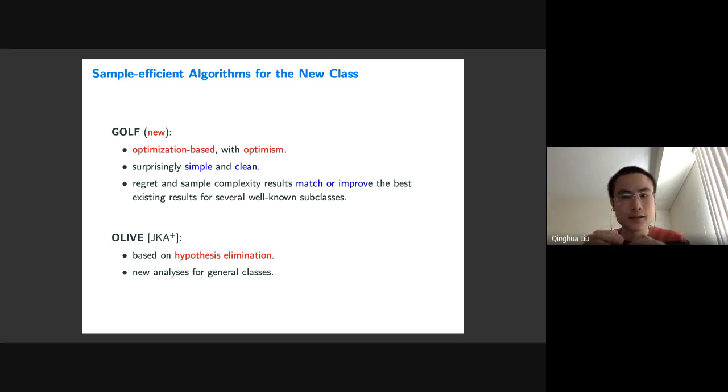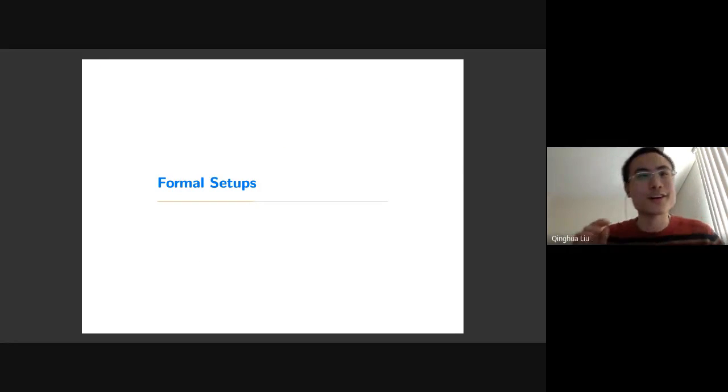And we extend the guarantee of OLIVE from the original low Bellman rank setting to the more general low Bellman Eluder Dimension setting. I think this is basically all I want to say about the overview. So now let's go to the mathematical part to formally introduce our results.